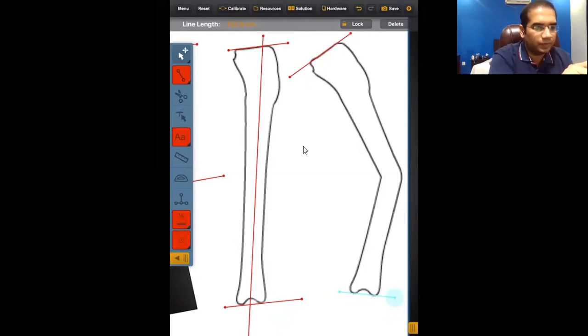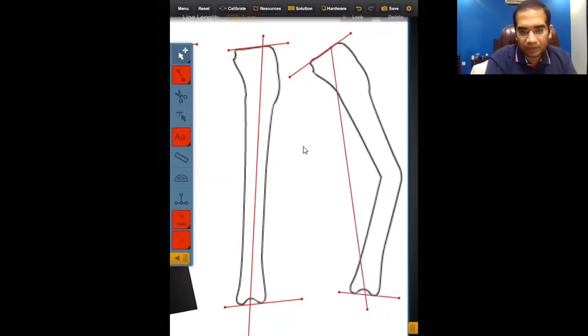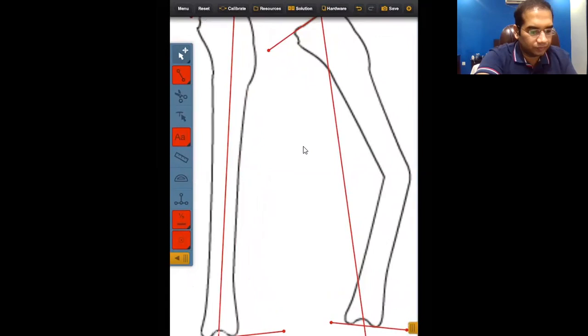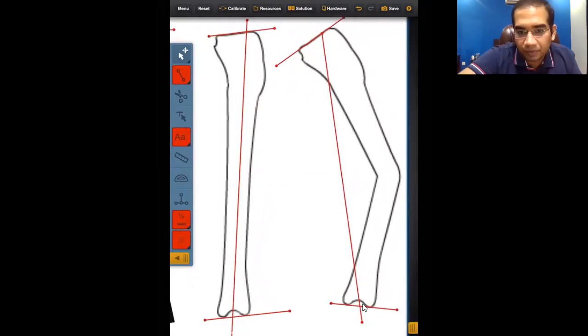Again, a line joining the anterior 1/5 and the middle. Here, please keep in mind, I'm not trying to bisect this line in the middle. I am crossing this line where there is apex.